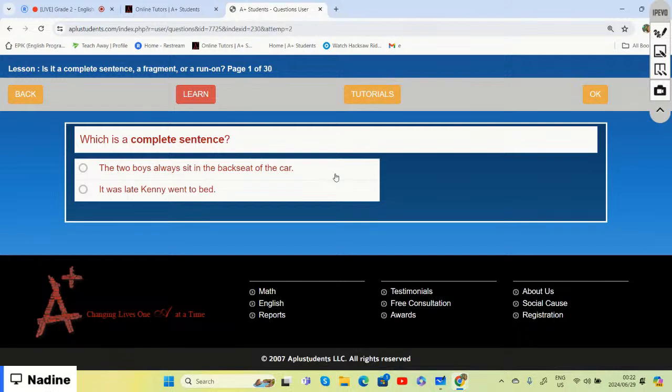If we look at option two, it says it was late, period. Kenny went to bed, period. That is two sentences within one sentence. So which one is a complete sentence?